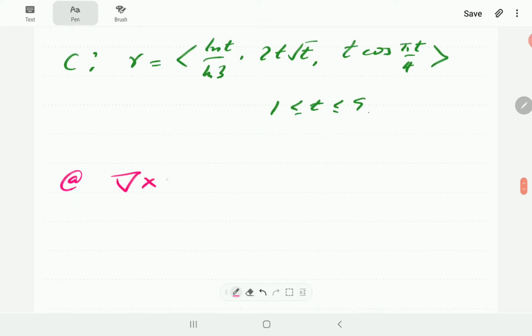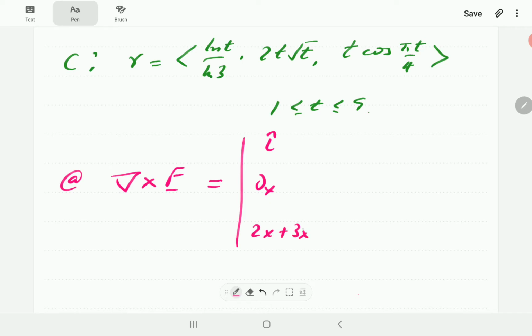So all we're going to do is to work out the curl of this force field and show that the curl is equal to 0. If the curl is equal to 0, then that tells us that the vector field is indeed conservative.